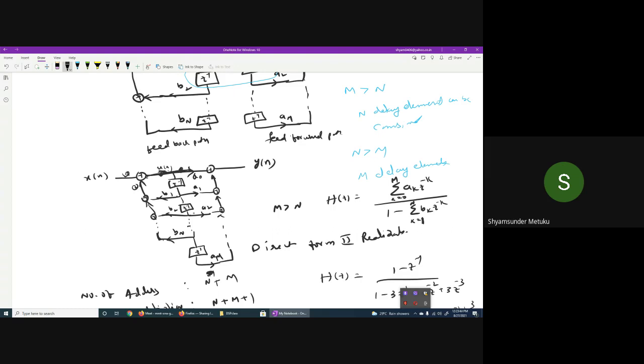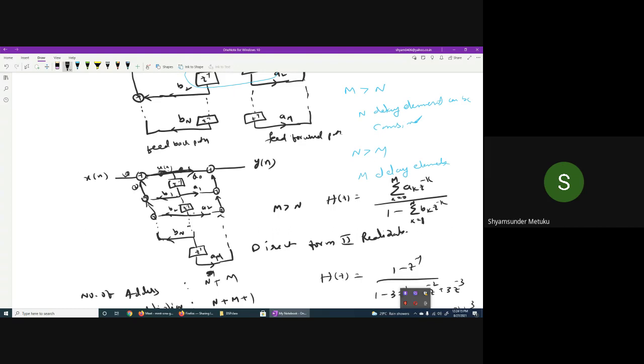If you expand the denominator of the transfer function, you are going to see the coefficients are minus b1, minus b2, minus b3, it goes on. So even though in the denominator the coefficients are negative of b1, b2, b3, b4, in the feedback path are we multiplying negative or positive? Positive. Exactly reverse of that. If it is positive, you should multiply negative. If it is negative, you should multiply positive.